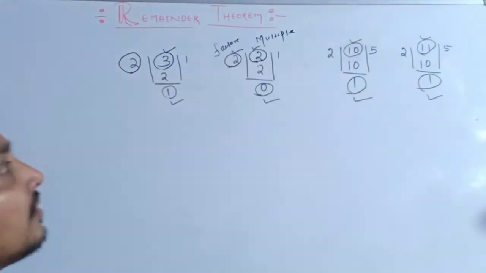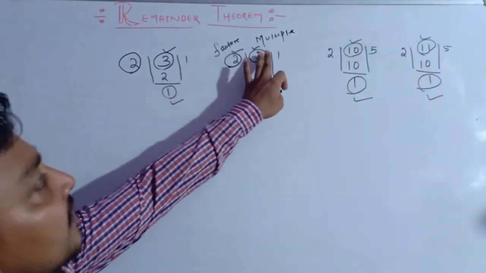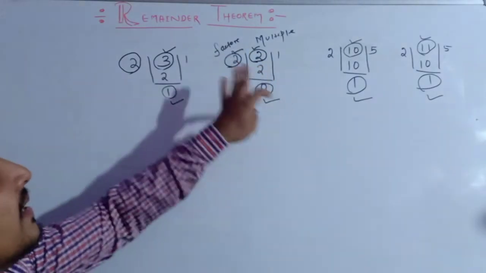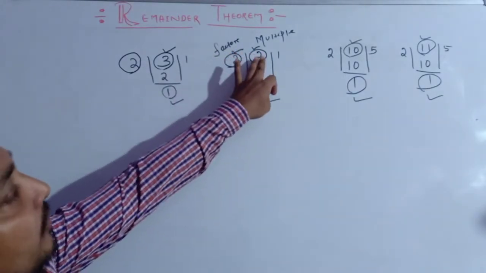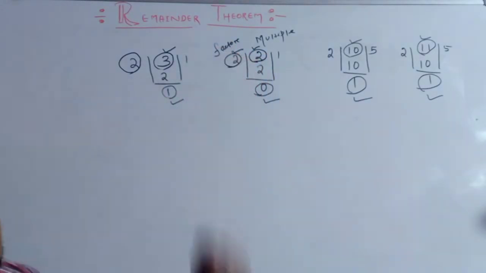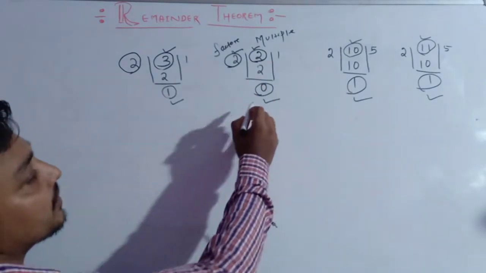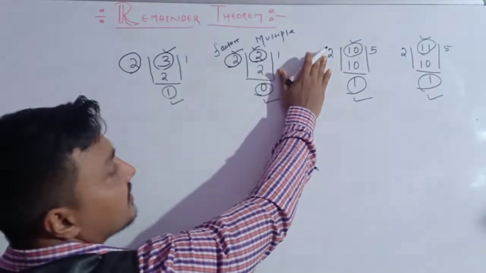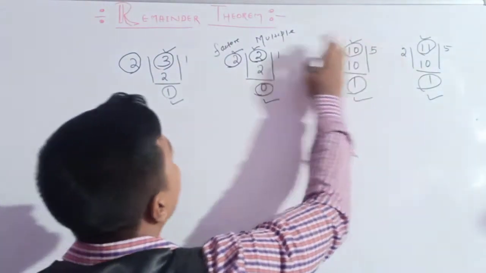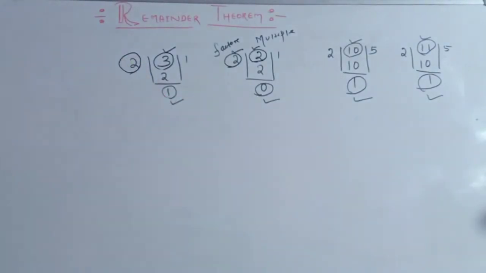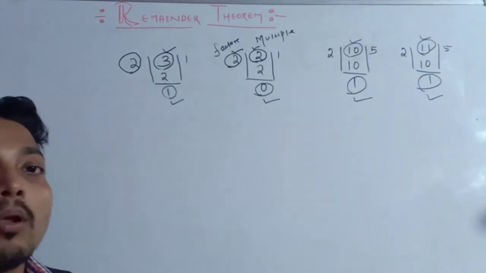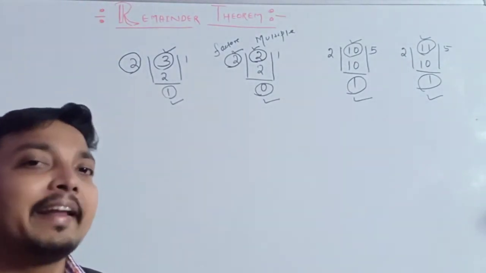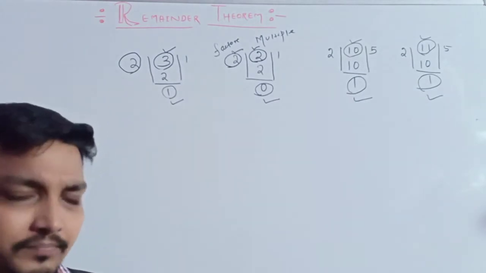Understood or not understood? So this one is the factor of this multiple, and this one is the multiple of this factor. When? Remember, whenever the remainder is 0. Otherwise, in these other cases we cannot call the divisor a factor. So these were all the rules of division which you already learned in the beginning.